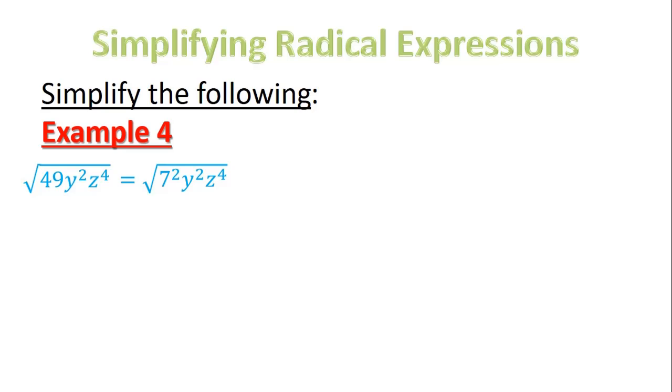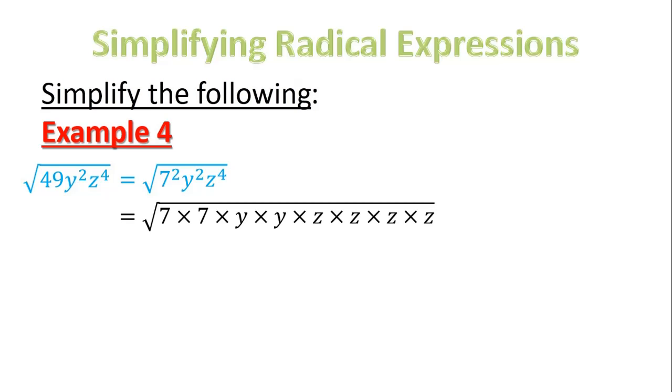The next step is we expand fully, so that equals the square root. 7 squared is just 7 times 7. Y squared is times y, and z to the power of 4 is just times z times z times z times z. And we've expanded it fully.